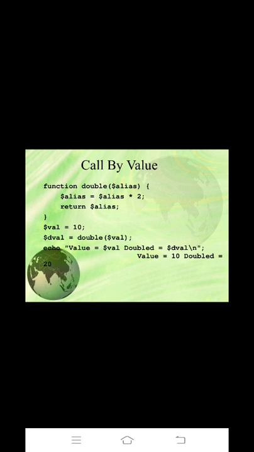So then $d_value is 20. So echo value $1 means 10, double $d is 20, value is equal to 10, doubled, right? So the output after this execution is value is equal to 10, double is equal to 20, doubled is equal to 20.